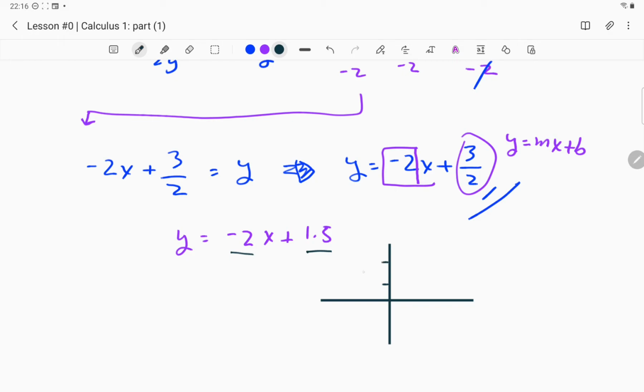So here's 1, here's 2. This is 1.5, the slope intercept or the y-intercept, both like that. So this is the point. That's it, you're done. If you want to score some extra points, you could go ahead and use the slope to complete and finish the line off.